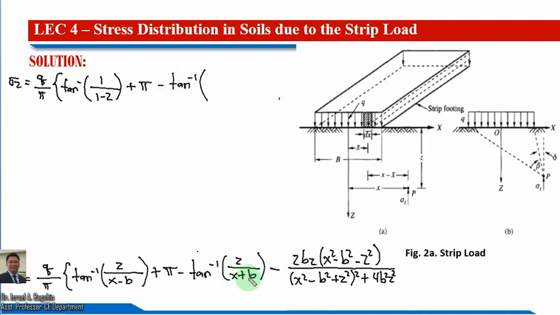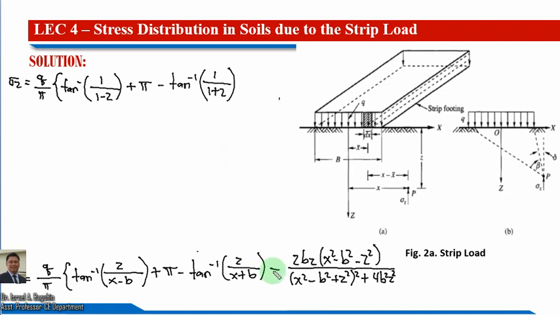So in terms of capital B, this is b over 2. Okay, so this is just equal to 1 over 1 plus 2.